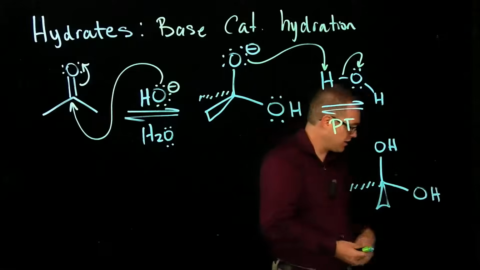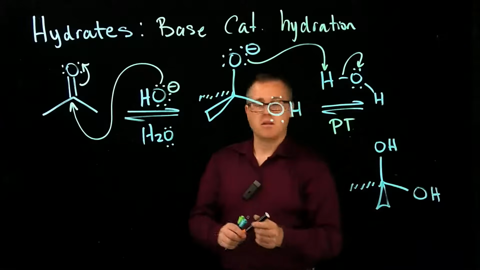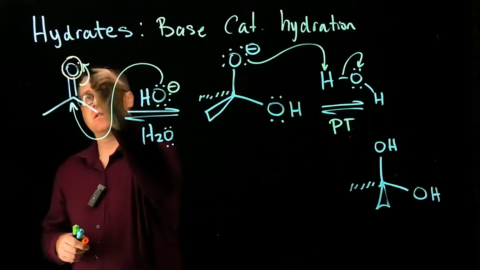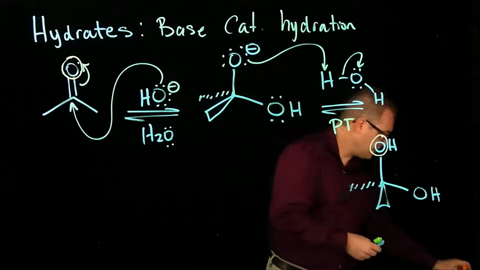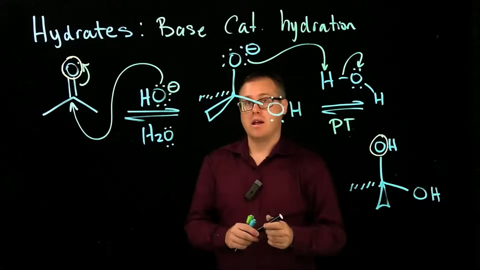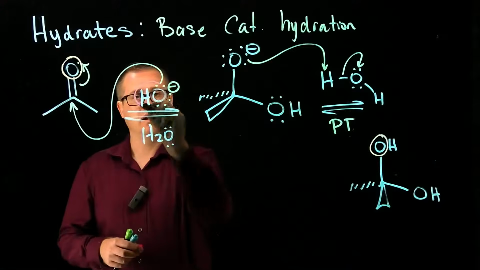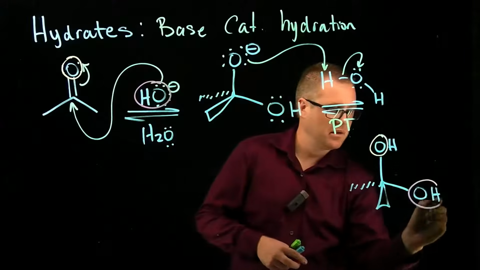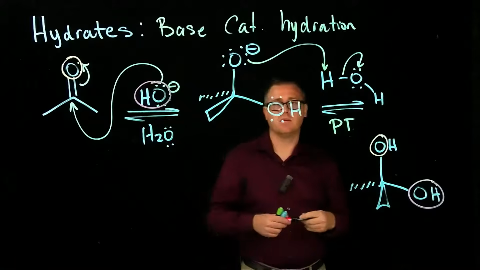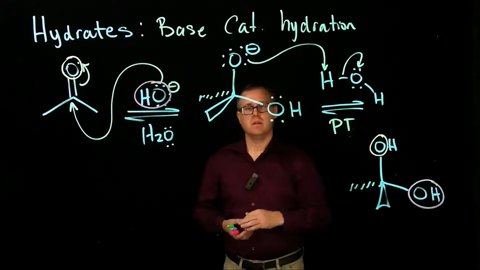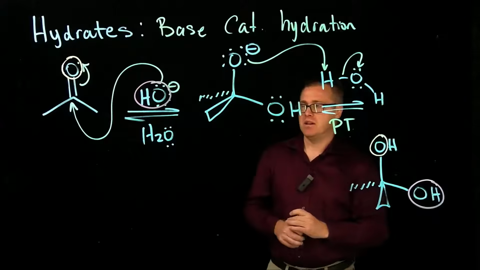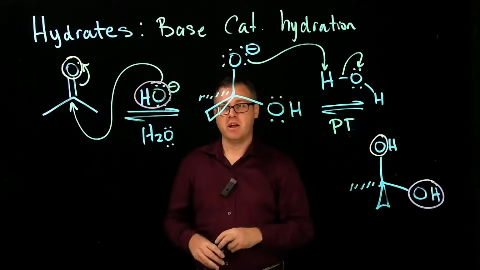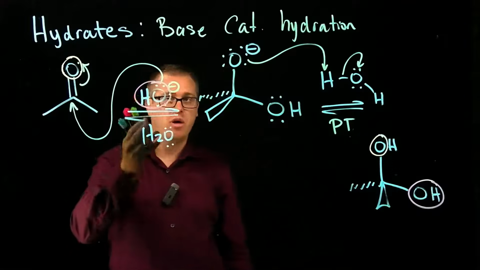So if we can color code this, oxygen right there is that one. And then this guy is that guy. So that is the base catalyzed hydration of a ketone or aldehyde when you are using water and you make it basic.